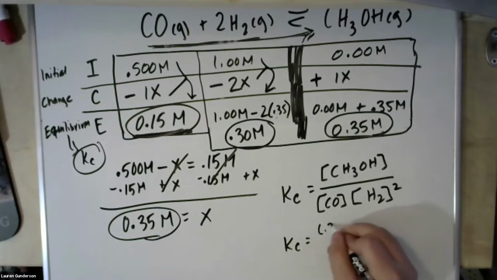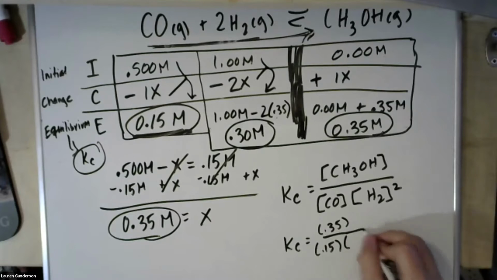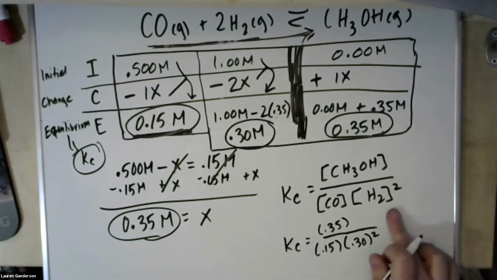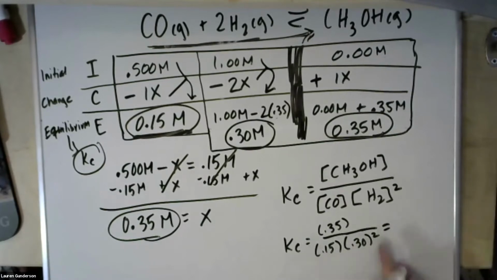So we have 0.35 divided by 0.15 divided by 0.30 squared. Again, put this in your calculator. Don't just say, yep, got it, and keep on going. When you calculate this out, you should get a value of 26.